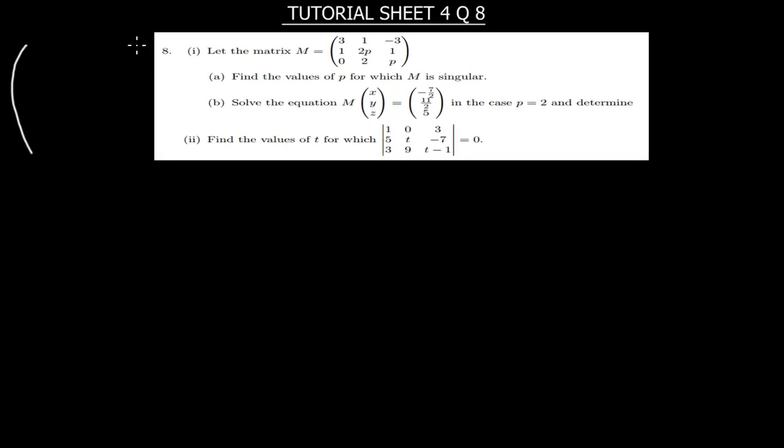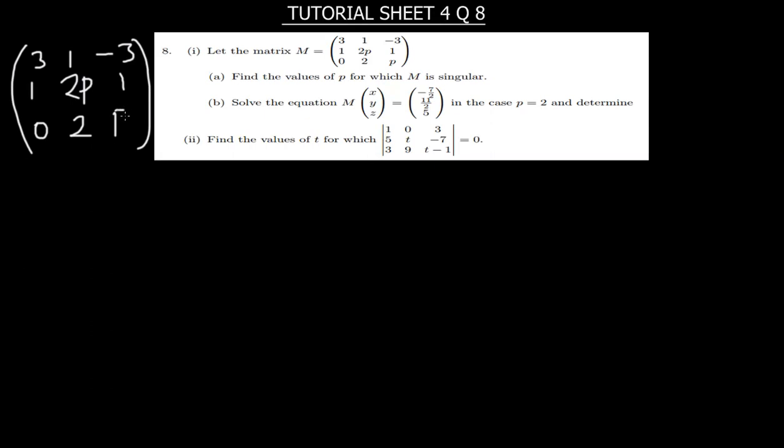It's going to be like this. It's going to be 3, 1, negative 3. Then we're going to have 1, here we're going to have 2P, there we're going to have 1. This is 0, 2.